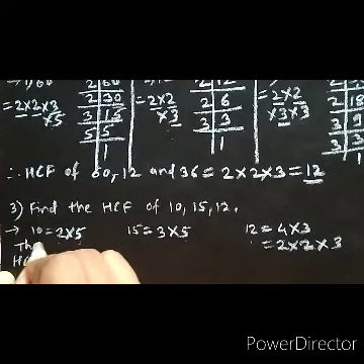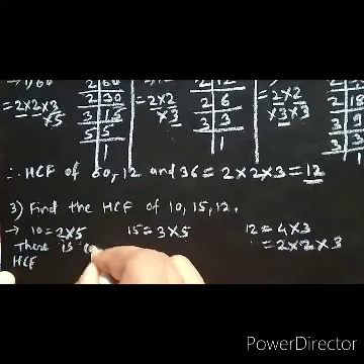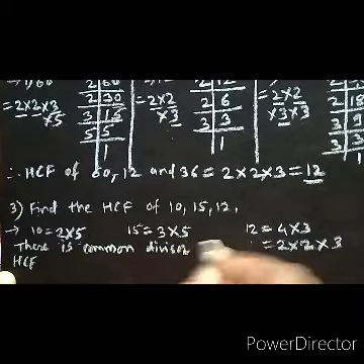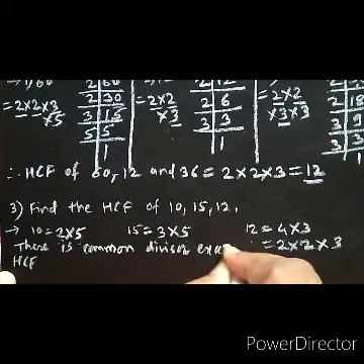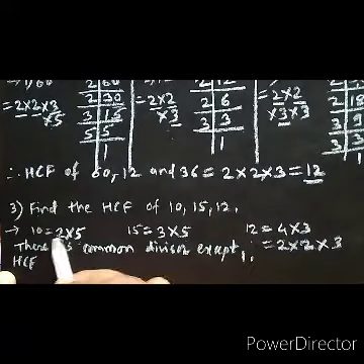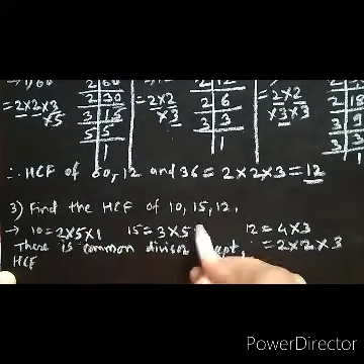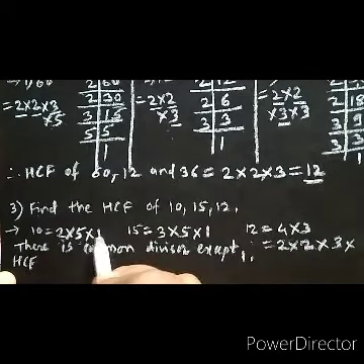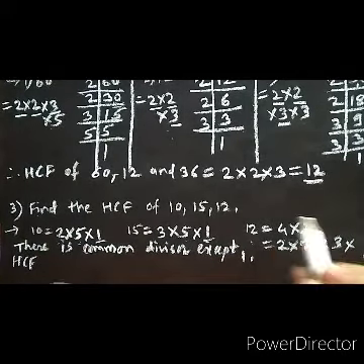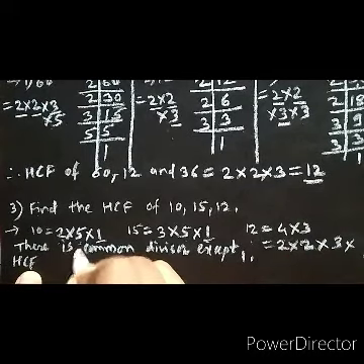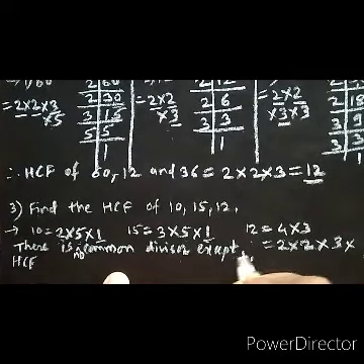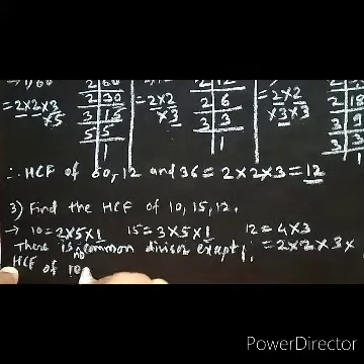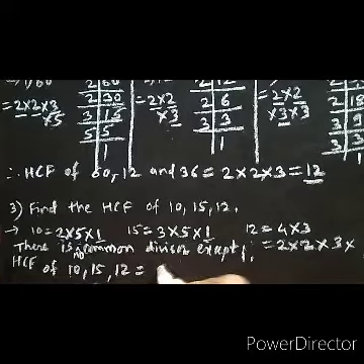So there is no common divisor except 1. All these numbers are multiplied by 1, that is, we will get only these numbers. Therefore we can say there is no common divisor except 1, and therefore HCF of 10, 15 and 12, that is 1.